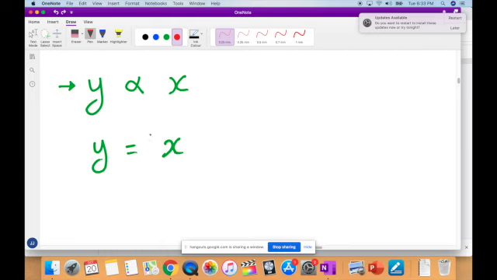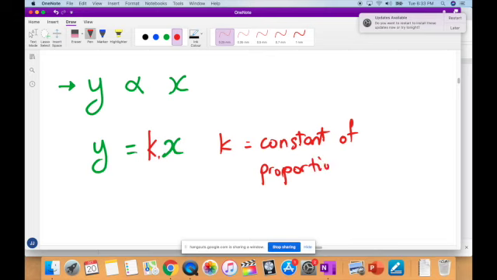So what we do is we put this value K. And what we say is K is the constant of proportionality. That is what K is. K is the constant of proportionality.